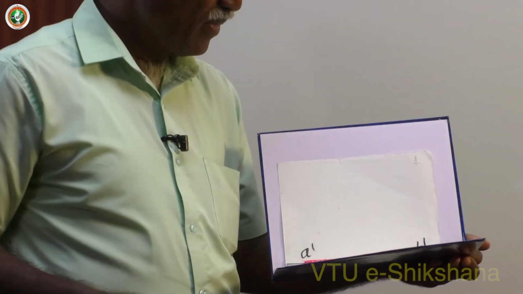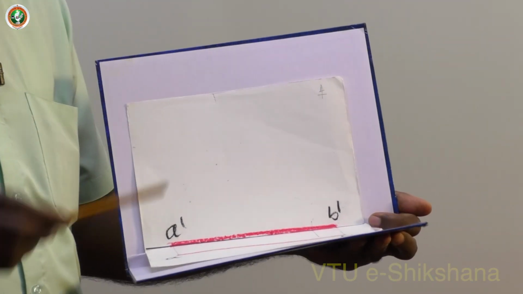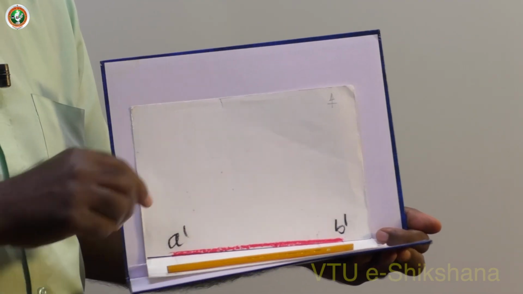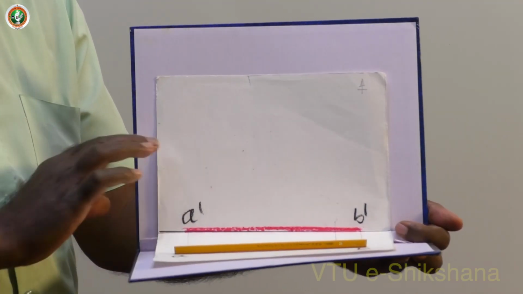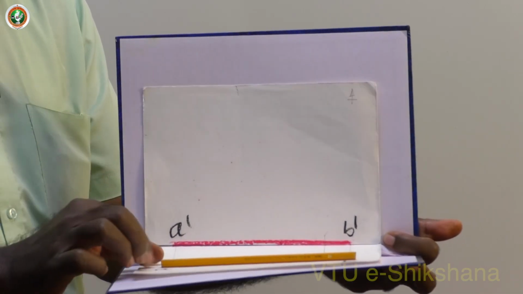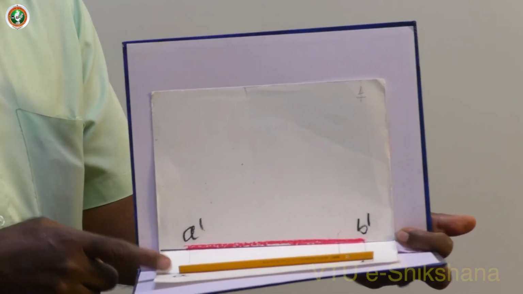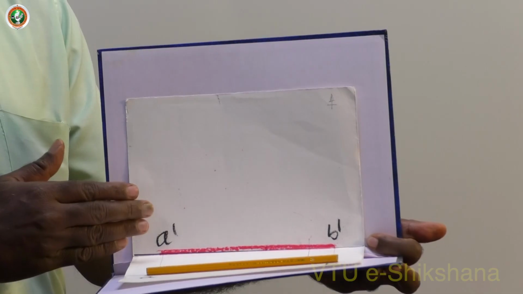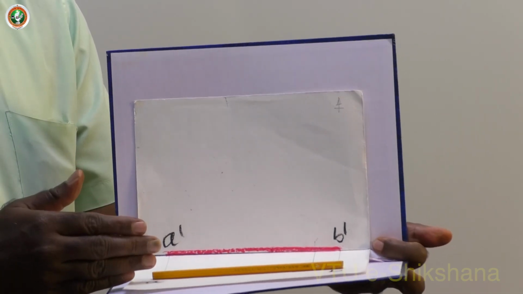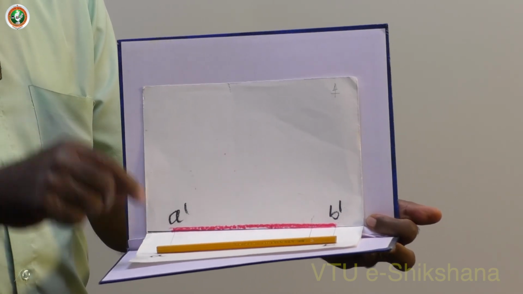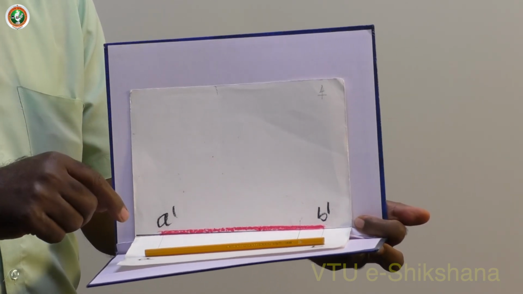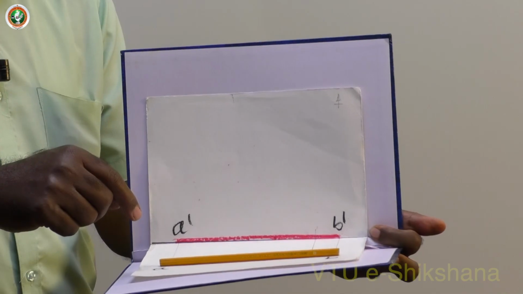For example, I have a line which is placed on HP. This is the horizontal plane, this is the vertical plane. The line is placed on HP, and it is 50 mm, or in general some distance, in front of VP. Then what is the projection of the line on HP?